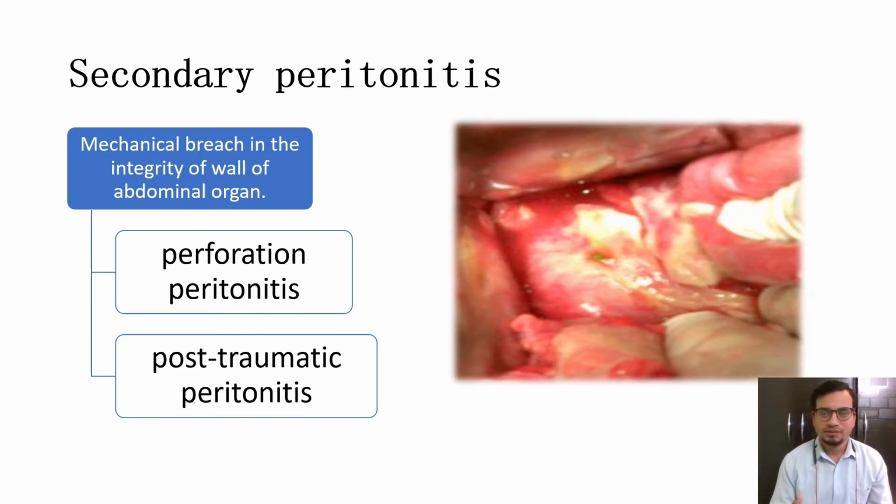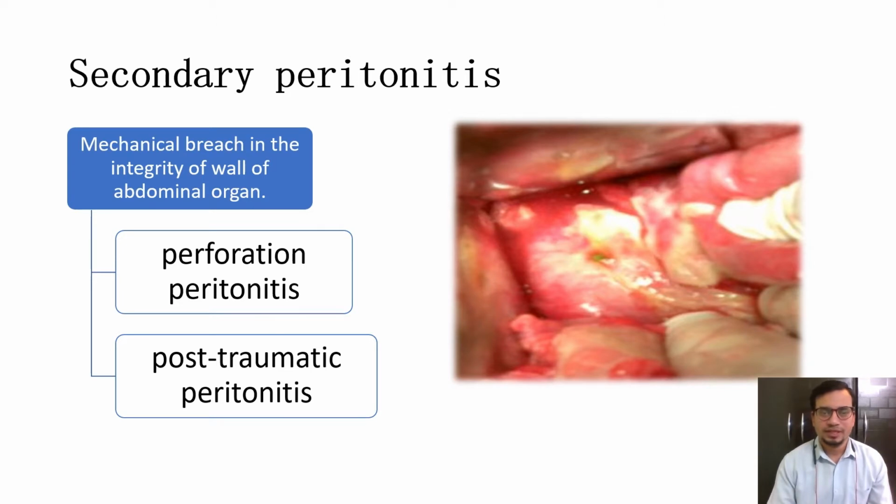Secondary peritonitis is further classified as perforation peritonitis, which is caused by typhoid fever or mesenteric ischemia, or postoperative peritonitis, which occurs due to anastomotic failure or disruption, or sometimes post-traumatic peritonitis, where there is a mesenteric tear from a sharp weapon or firearm.